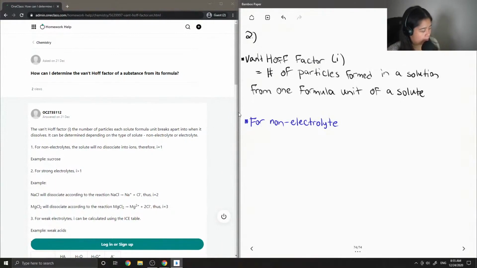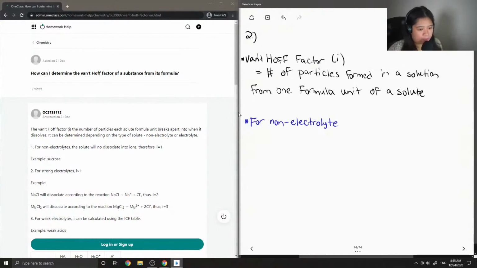I'll just write that down. So non-electrolytes don't separate into ions in solution.